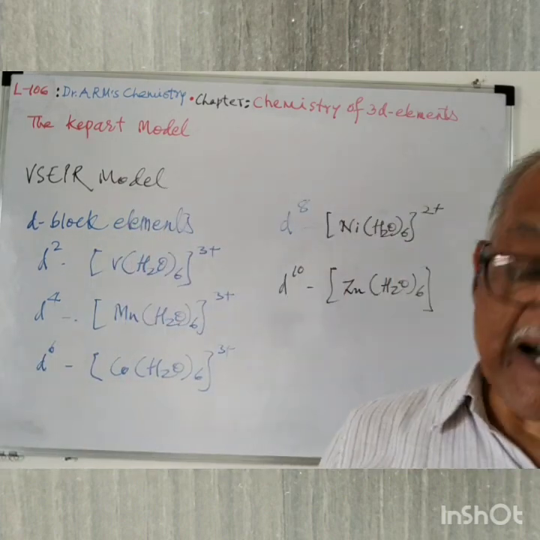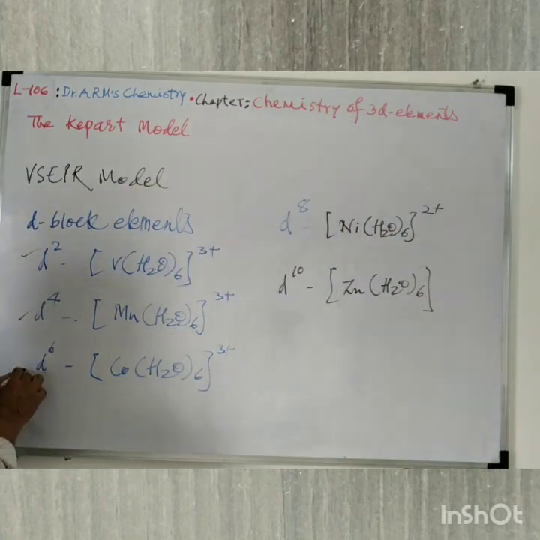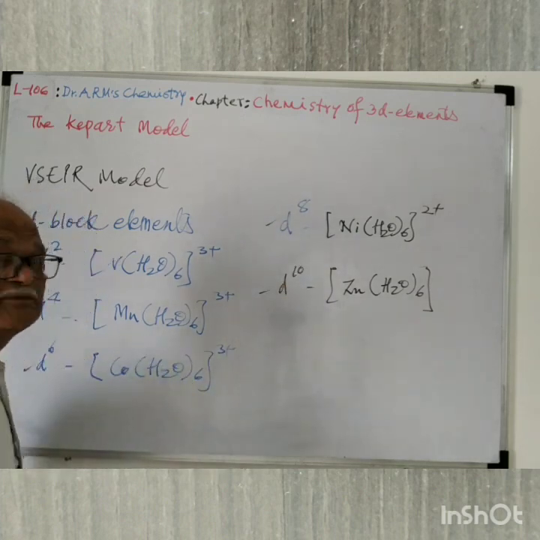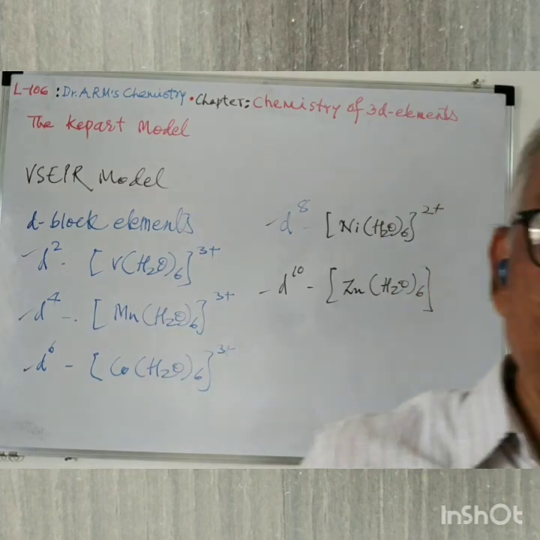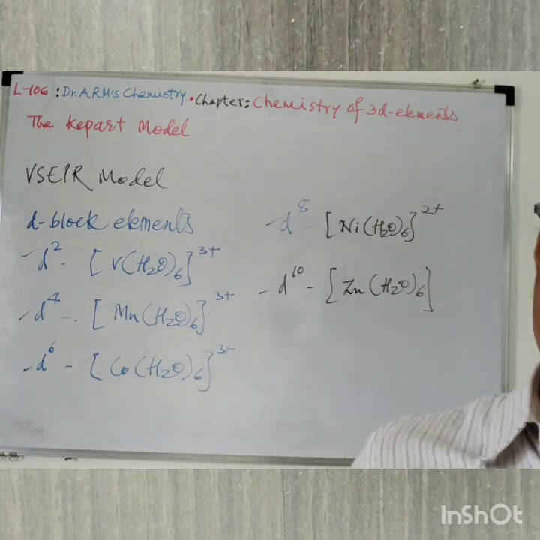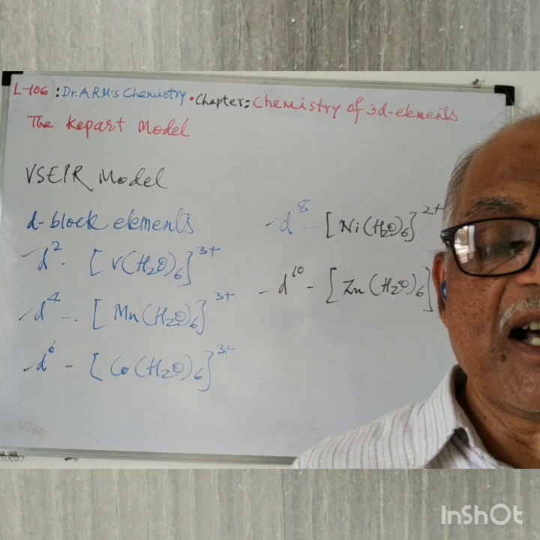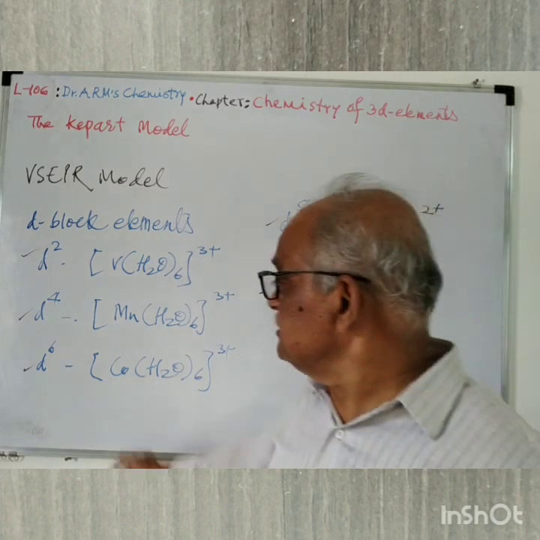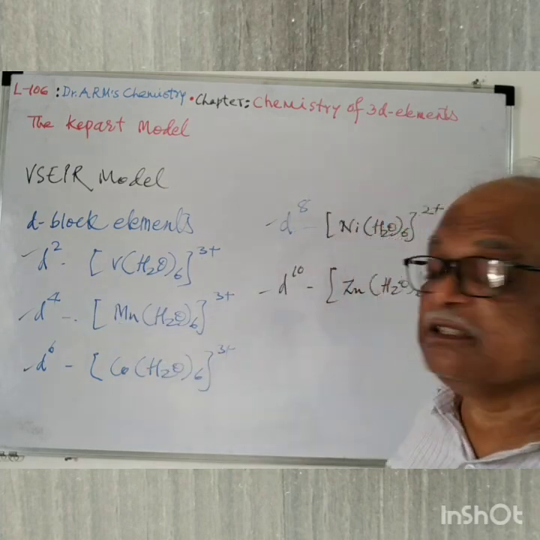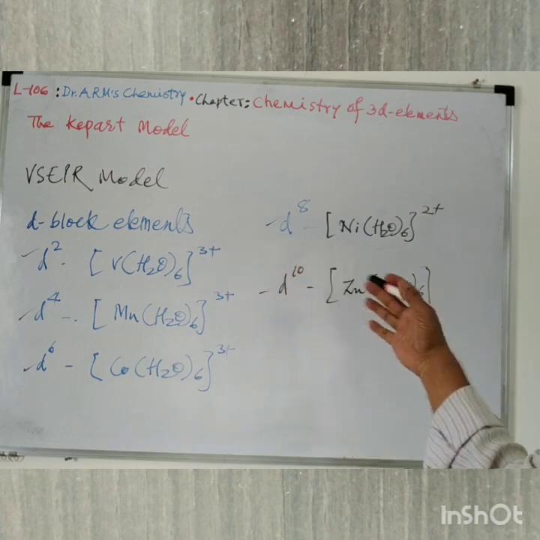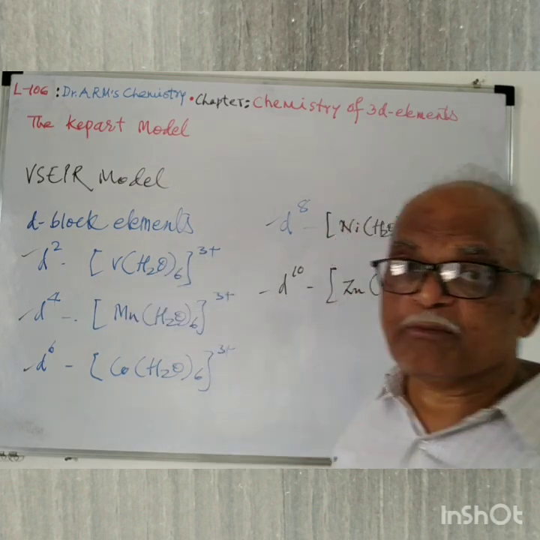Here you will find that as we move from left to right in the 3D period, the D block elements show increasing nuclear charge and atomic number, meaning the electronic configuration of vanadium, Mn, Co, Ni, etc. changes, as shown in these complexes.